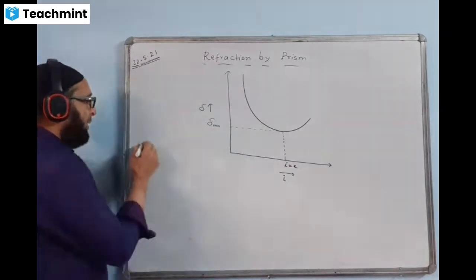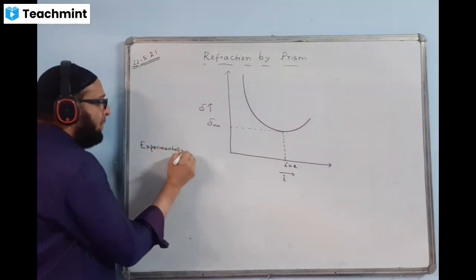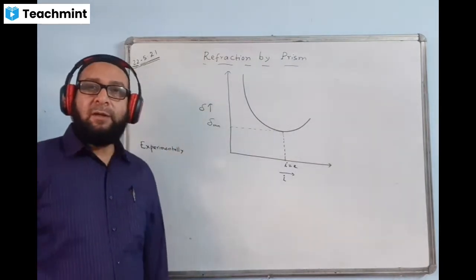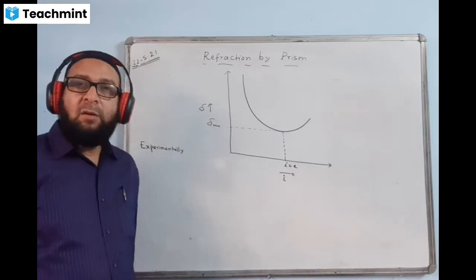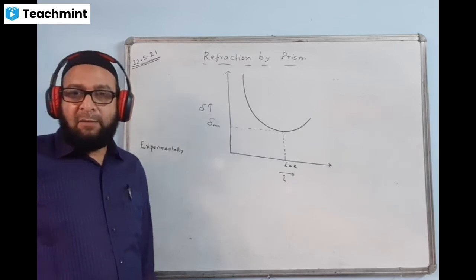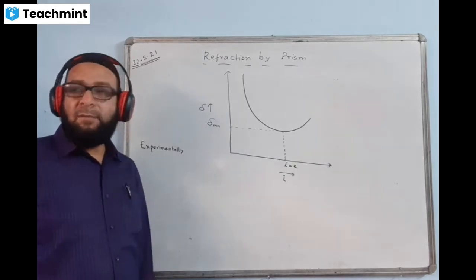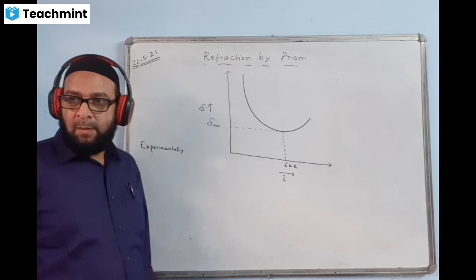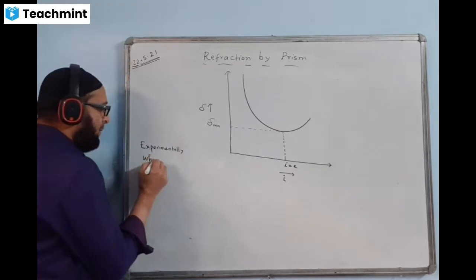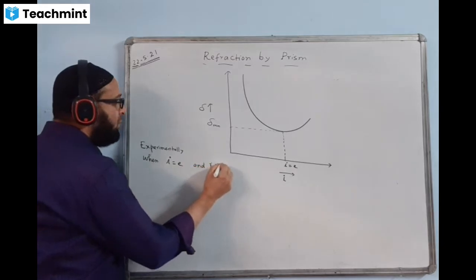So, write down below: experimentally it is found or observed that the angle of deviation delta becomes minimum when I is equal to E and R1 equal to R2.